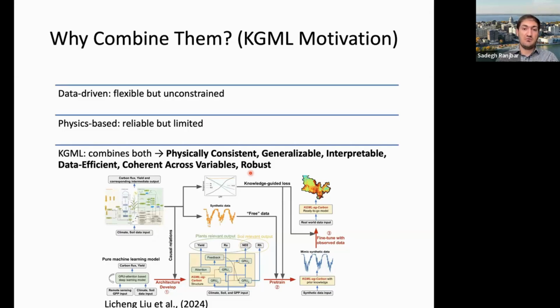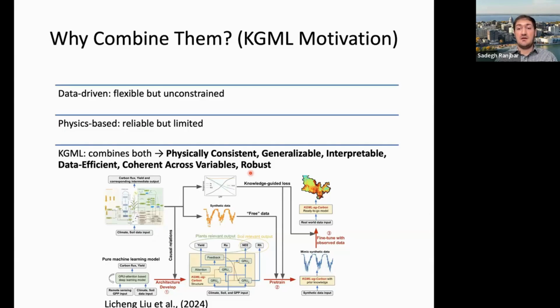When they combine both, the models are physically consistent. For example, they follow some simple equations like water energy closure, or water carbon coupling, or carbon closure, and they are very good and generalizable across large scales, because we still are using the data-driven modeling.